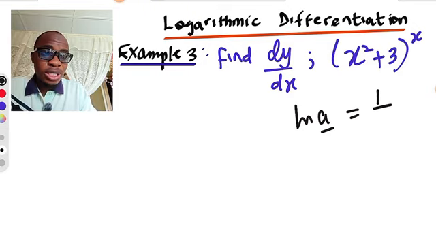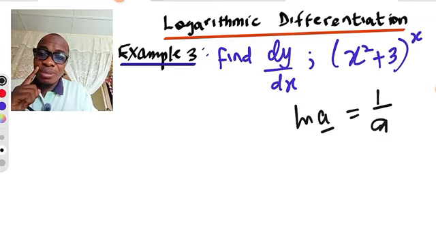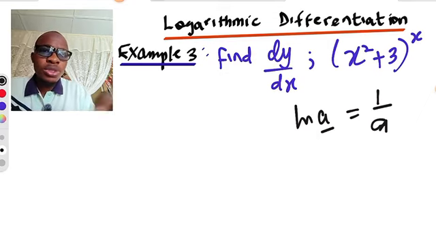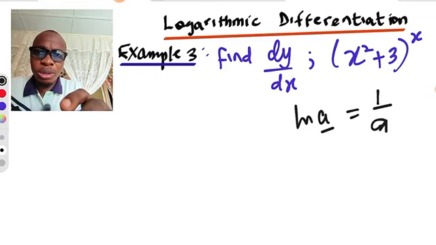Then you put it over the argument. If you differentiate a, that gives 1, then you put it over a, which is the argument. So you should take note of that and always remember it.